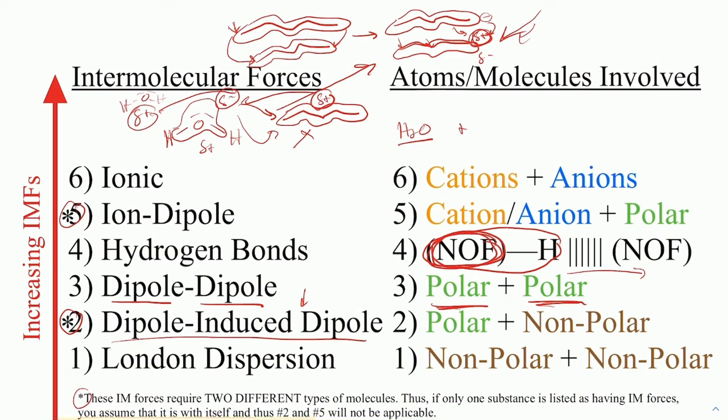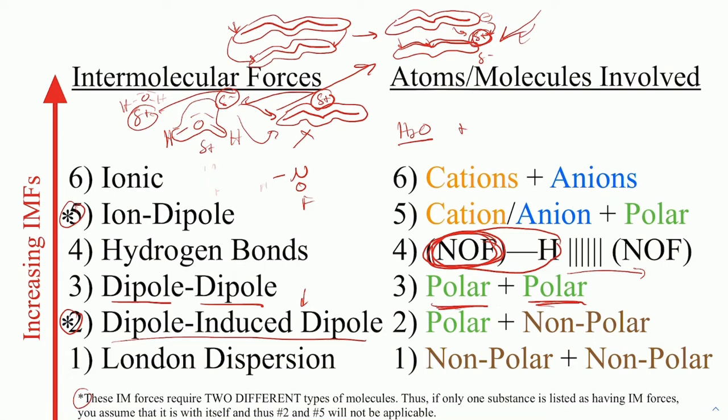And so the dipole is extremely strong. It's not just an unequal distribution, it's like a super unequal distribution of electrons. So anytime you have H bound to N, O, or F, and it's interacting with another N, O, or F, that is a very strong dipole, and it will be a hydrogen bond.